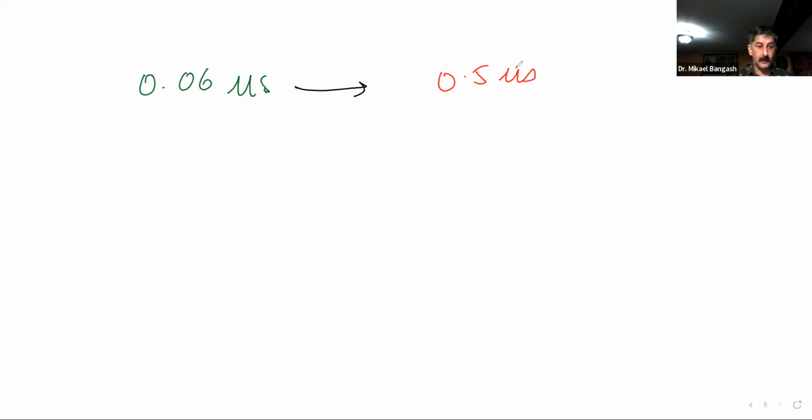But just keep in mind that this 0.06 microseconds can also be written as 0.06, where you convert the micro into 10 raised to the power minus 6, and of course your seconds is going to be seconds. Clear?